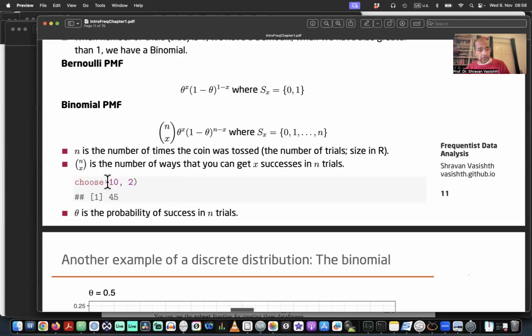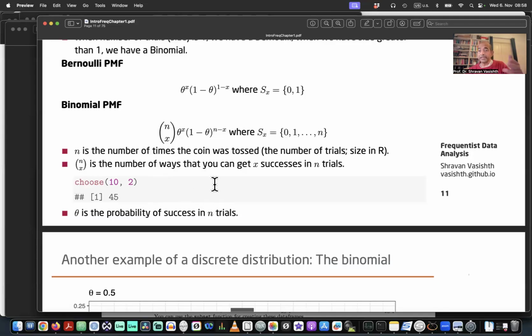There are 45 possible ways in which you can get two heads given 10 coin tosses. So that's what this n choose x is doing for us. It's just a standard combinatorics function that you will find in any permutations and combinations chapter in mathematics. Maybe you've done this in school.